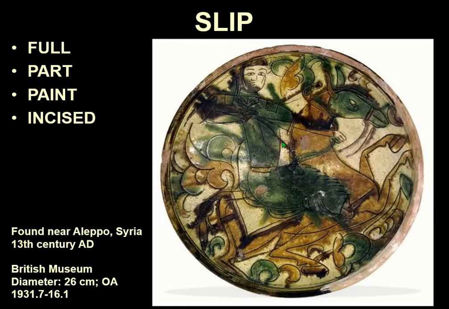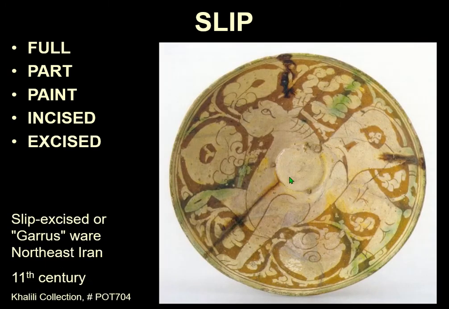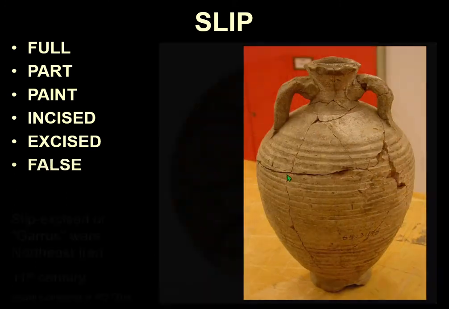You can have slip incision. This has been covered with a complete slip, the white bit, and then has had lines incised through it, so you can see the red clay underneath the white slip. You can have slip excise, so here you have the white slip over the red vessel, and it's been excised to reveal the pattern. We'll be seeing all of these.